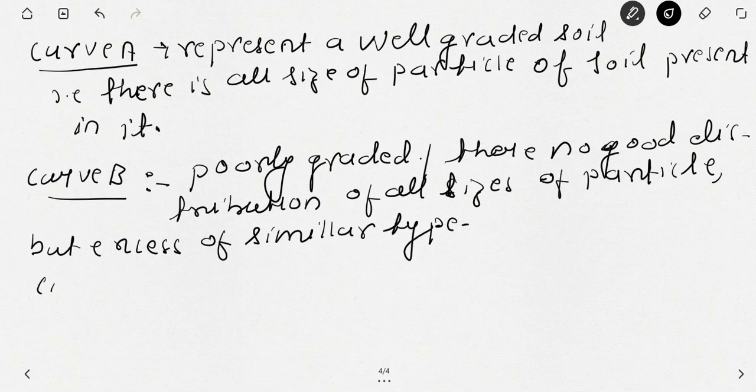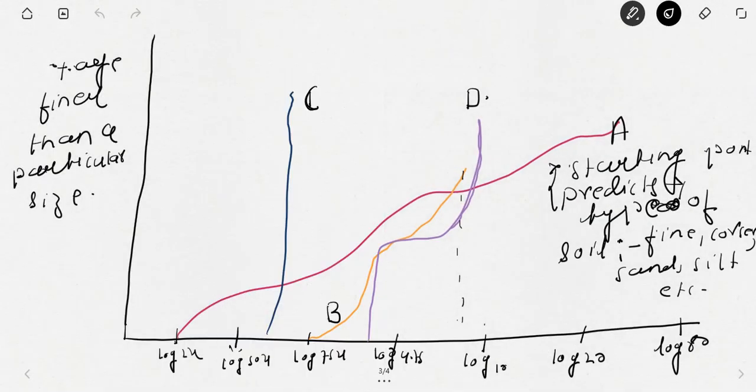Now curve C. I am telling all this just to make you understand the difference in these terms, what is well graded, poorly graded, etc. Now curve C is straight at a particular location. It means the soil has the same sized particles.